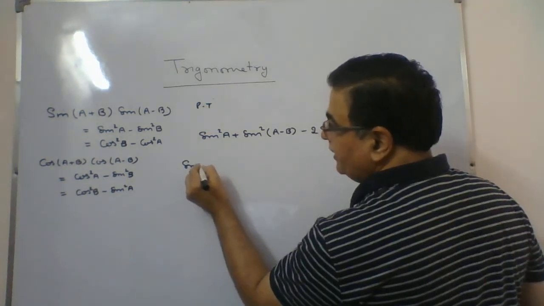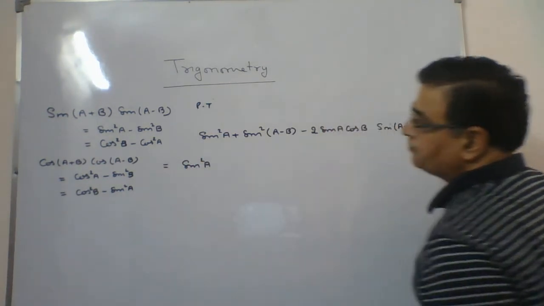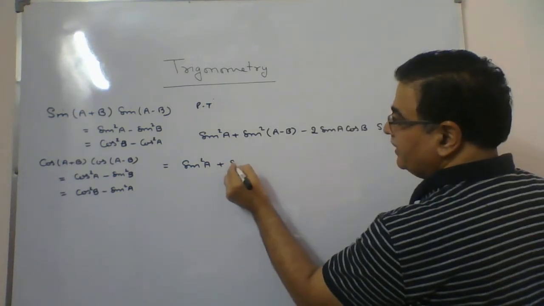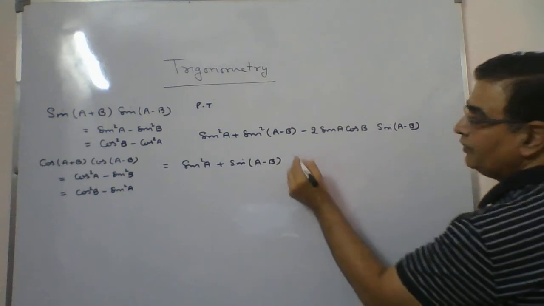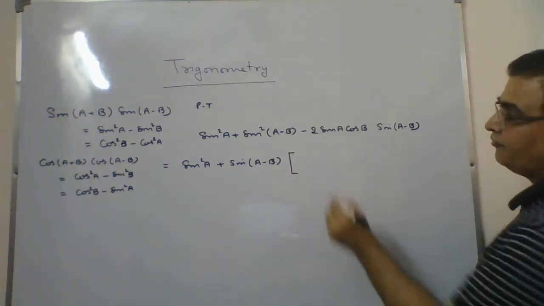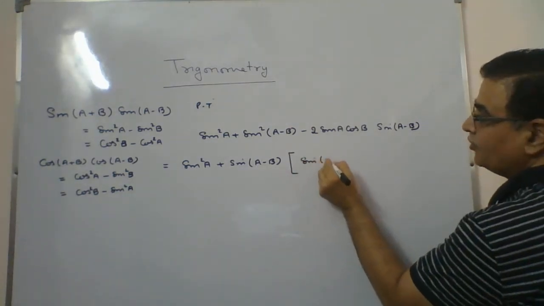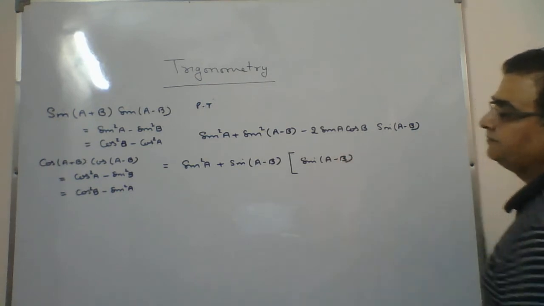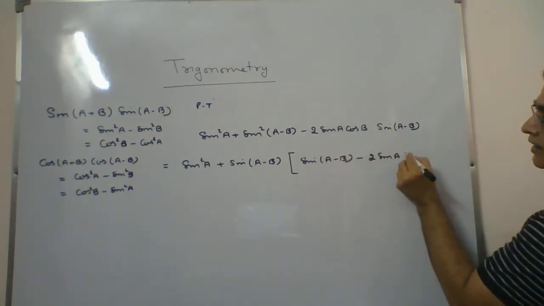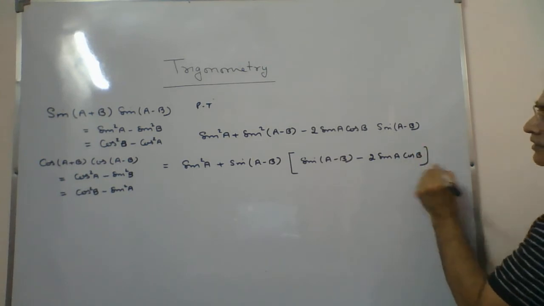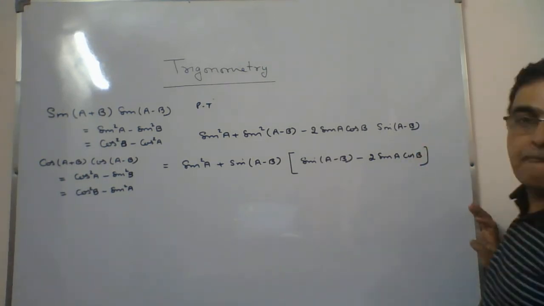sin²a we are keeping the same, plus sin(a-b) I'll take common. When you take sin(a-b) common, what is left? sin(a-b) minus 2 sin a cos b. We will say this.